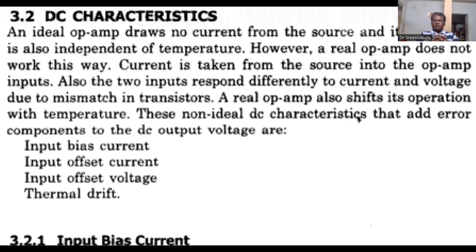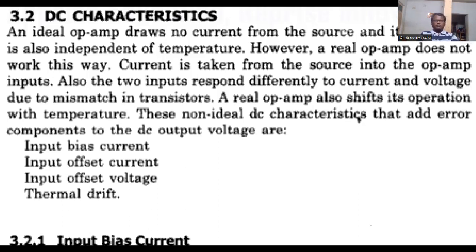But we need to try to reach the characteristics of the ideal op-amp. That is the difference between the ideal op-amp and the practical op-amp. Now, in the DC characteristics, we need to test four parameters.